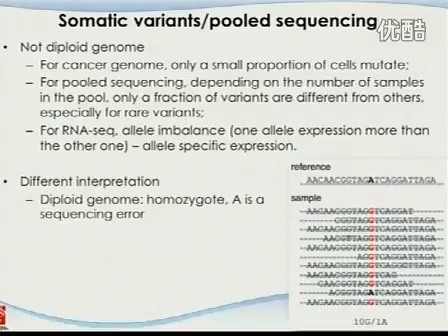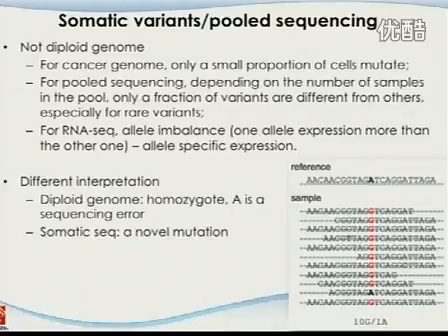So remember when we initially listed this example, this is a homozygous variant, right? That was our conclusion. But now, the same data will have different interpretations. For a diploid genome, this is homozygous, and the A is a sequencing error.